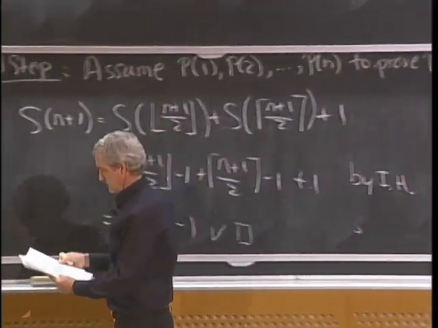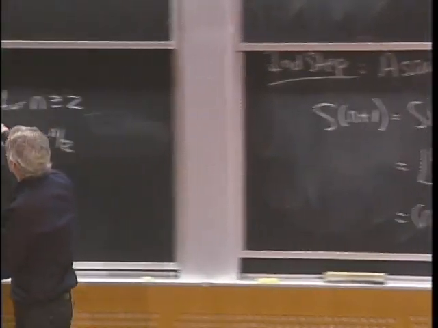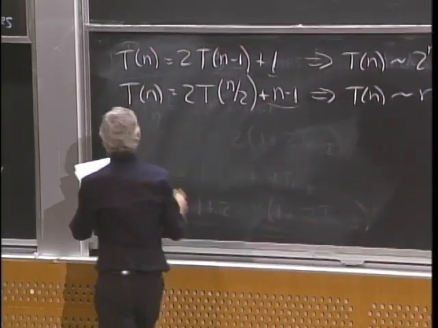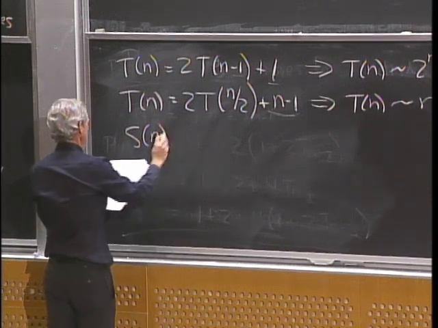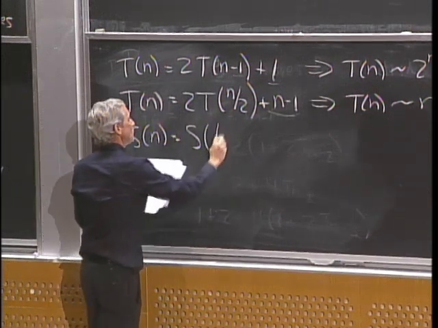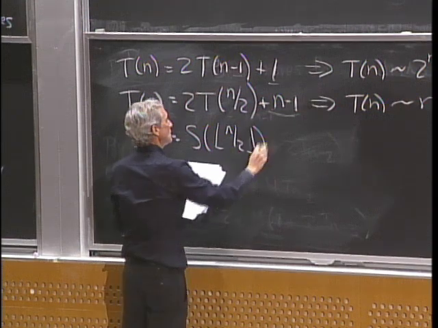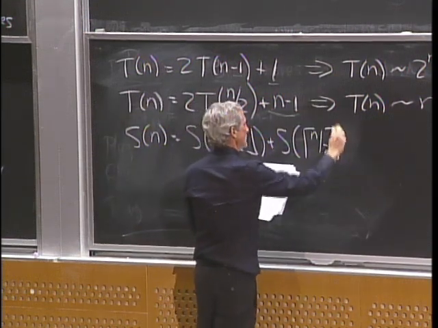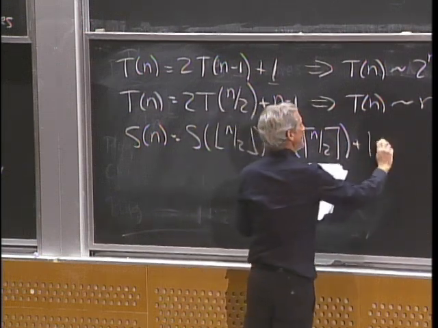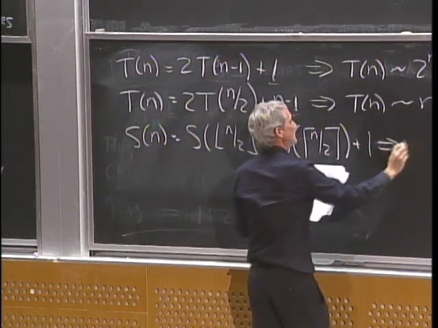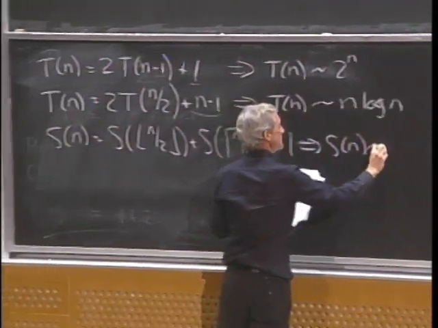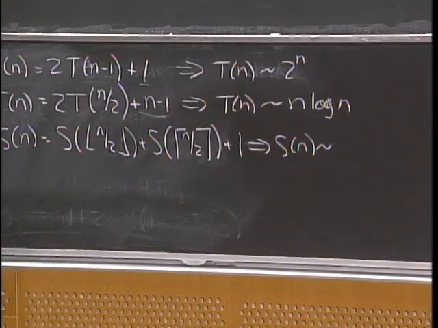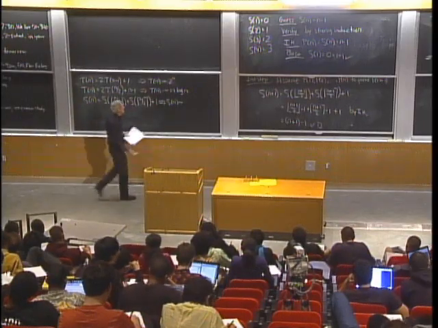Okay. So let's write that on our table up here. So this is S of n equals S of floor of n over 2 plus S of ceiling of n over 2 plus 1. And the answer is S of n is tilde. What's it tilde of? n. The answer is n minus 1, so it's tilde of n.